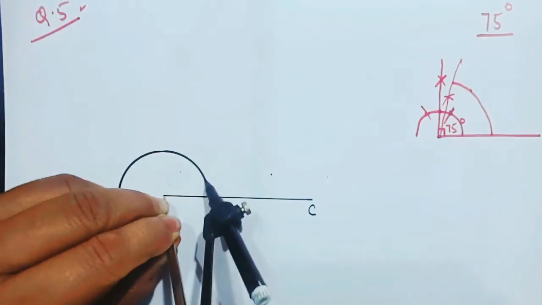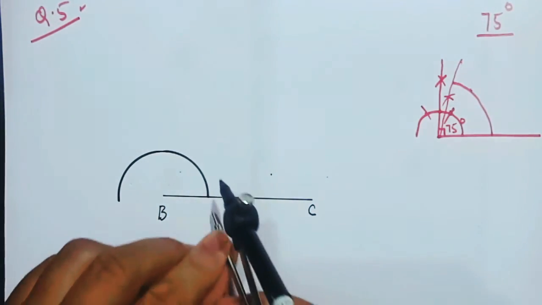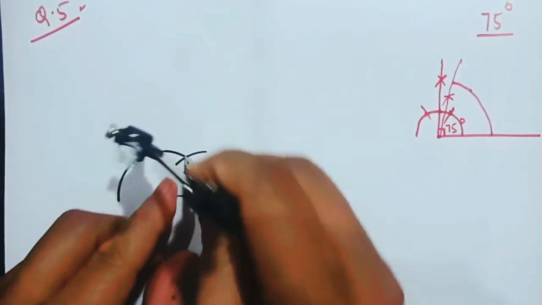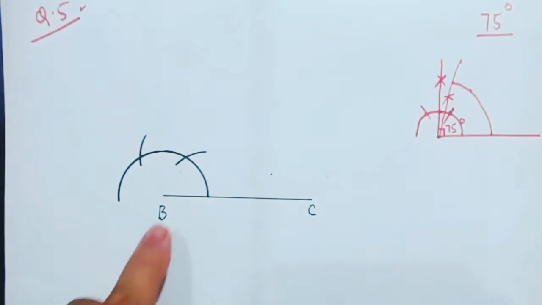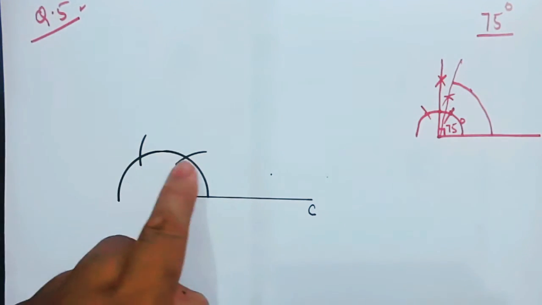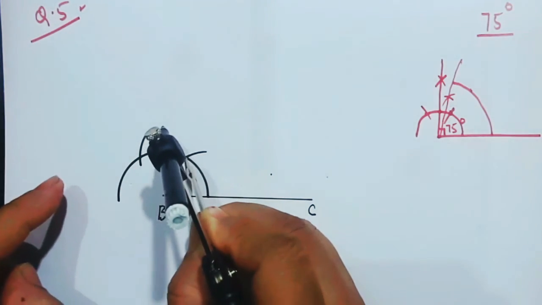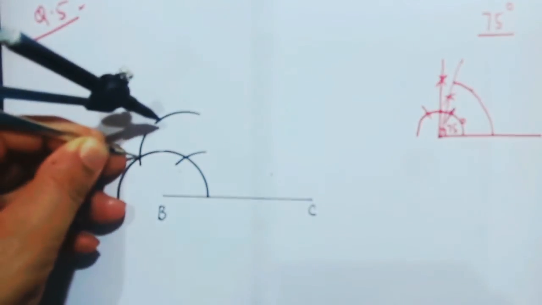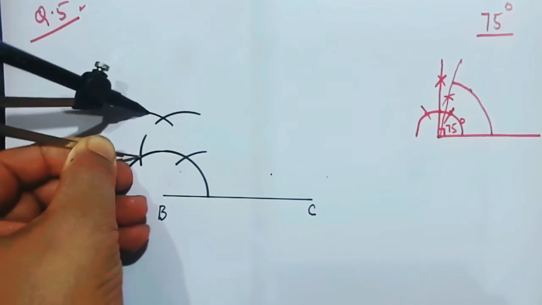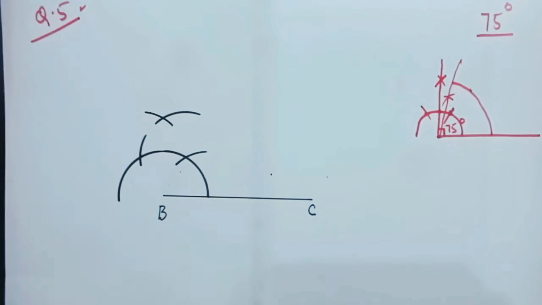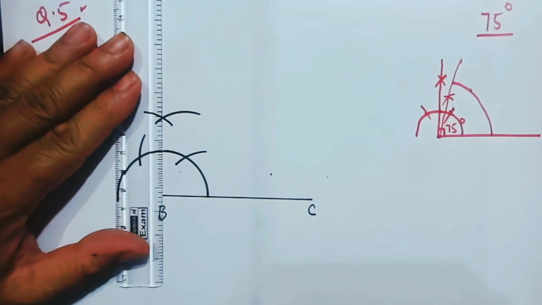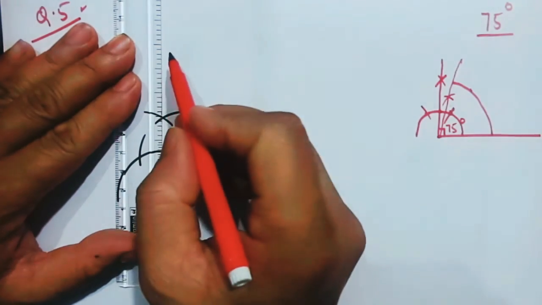So first I need to draw an arc. This is my 60 degree. Again this is 120. If I divide this two portion from here and then from here, I will be getting a point which, if we join, will be equal to 90 degree exactly, isn't it?